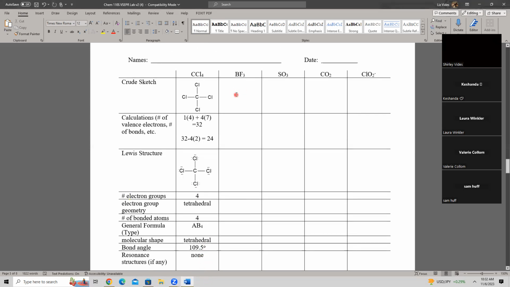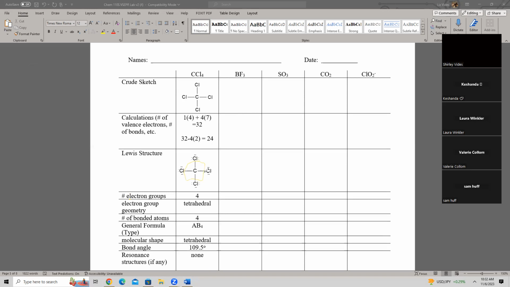So let's do BF3. Wait, I have a question. Yes. How do you know if the central atom is happy, as you say, or if it's not happy? Okay. It's happy. There are some exceptions. I was about to show you one just now, but that's okay. Look, see right here? See this chlorine? I barely see the yellow, but you can see that, right?